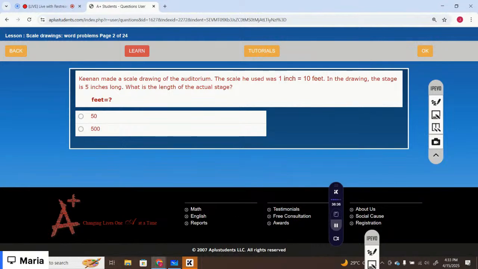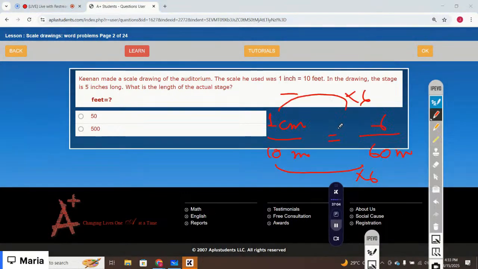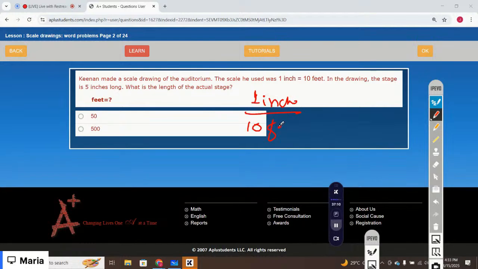Keenan made a scale drawing of the auditorium. The scale he used was 1 inch equal 10 feet. In that drawing, the stage is 5 inches long. What is the length of the actual stage? So the scale is 1 inch to 10 feet. That means 10 feet is represented by 1 inch. So that is 5 inches represented in the drawing.